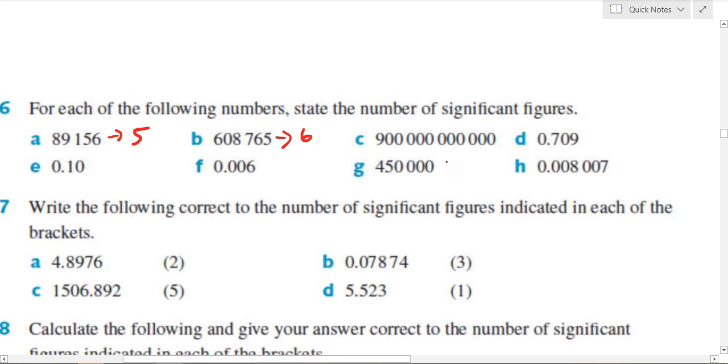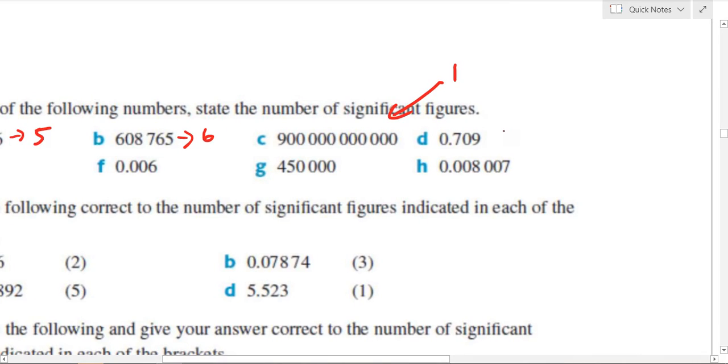How many significant figures? 1, good, there's only 1 for this one. What about for D? Have a think. 3. Good, 3. That 0 is not significant. It is there though, because it's a placeholder. It's telling you it's 0 point something something.